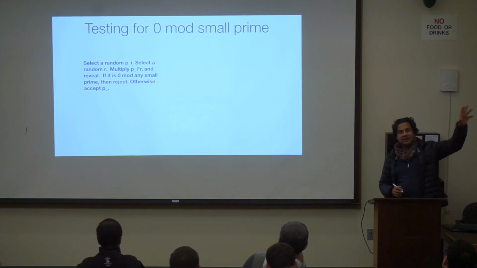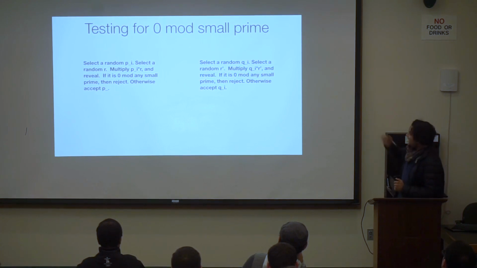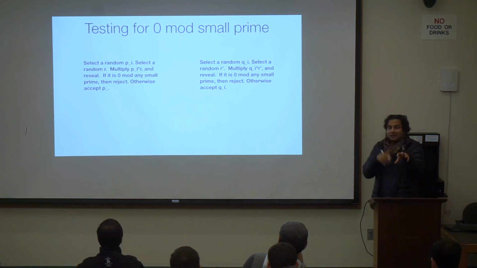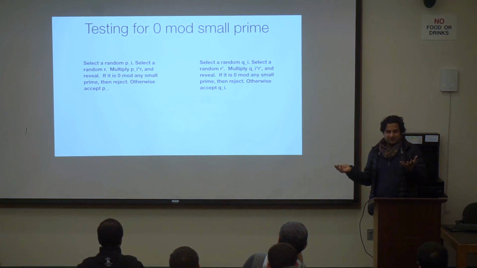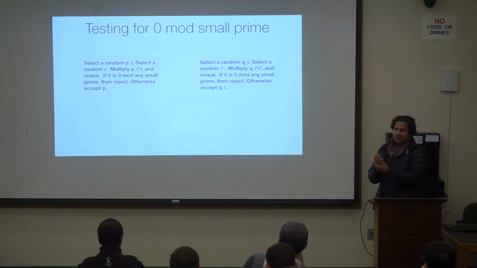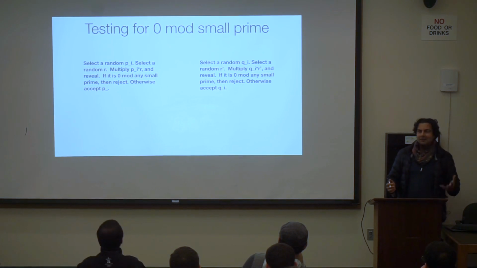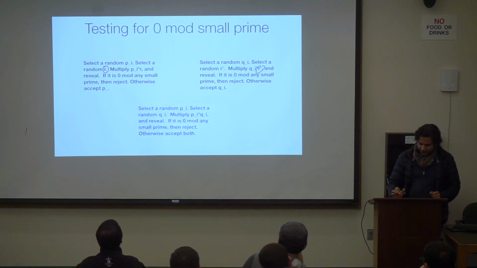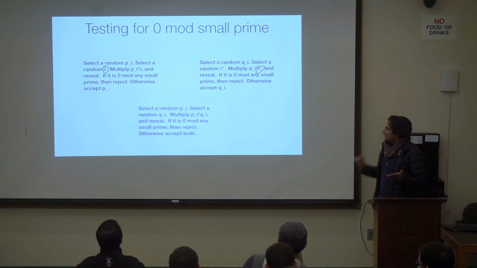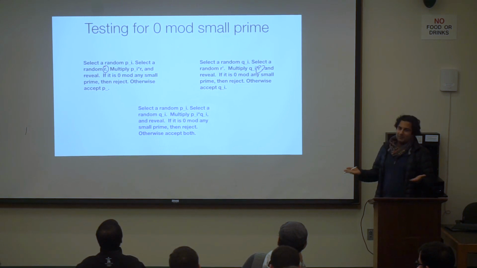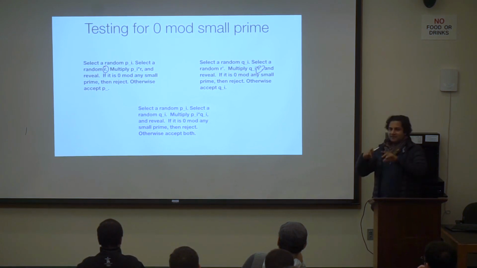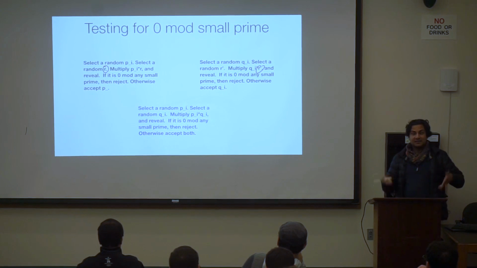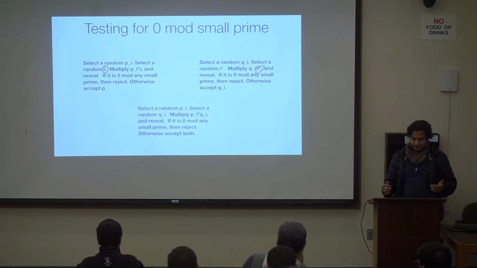If it's good, keep that P. Then do the same thing with Q. Pick a Q, pick another random R, open it, and see if it works. If it does, now we have a P and a Q, and we can multiply them. There's an obvious optimization here: we don't need the R here and the other random R there. The better approach is to select a random P, select a random Q. Since we have to multiply them anyway, multiply them. And since we're going to reveal N anyway, go ahead and reveal it. If it's 0, then you exclude that slot. Otherwise, you keep that slot. Did that make sense?